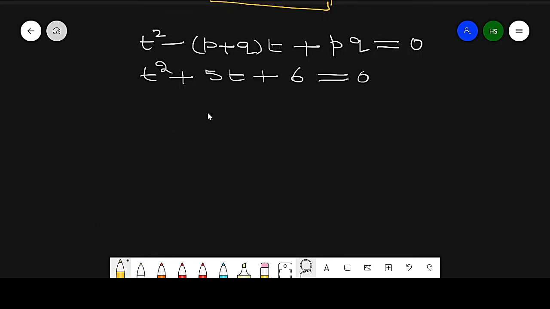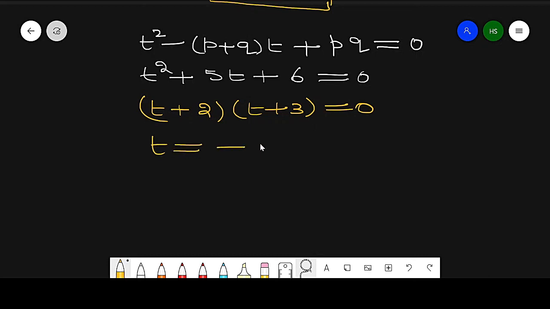It implies (t plus 2) into (t plus 3) is equal to 0, so t is equal to minus 2 and minus 3. So one root is minus 2 and second root is minus 3.